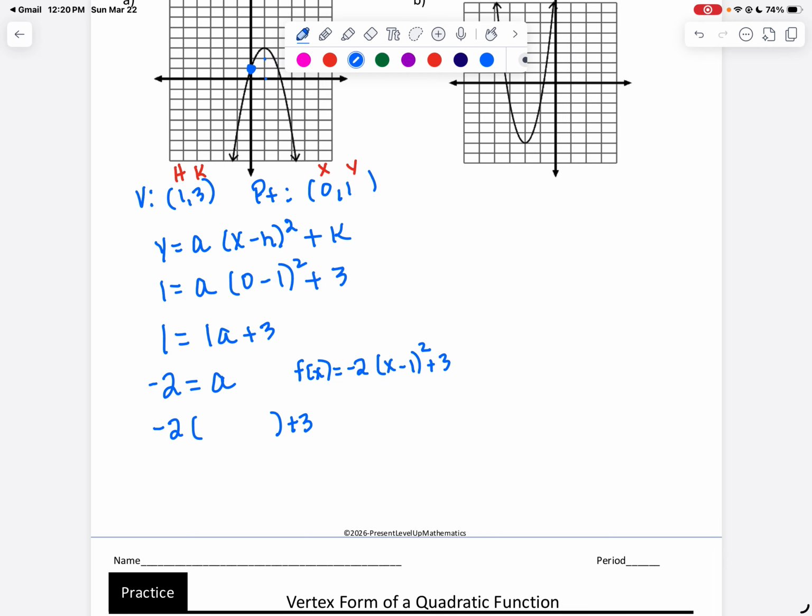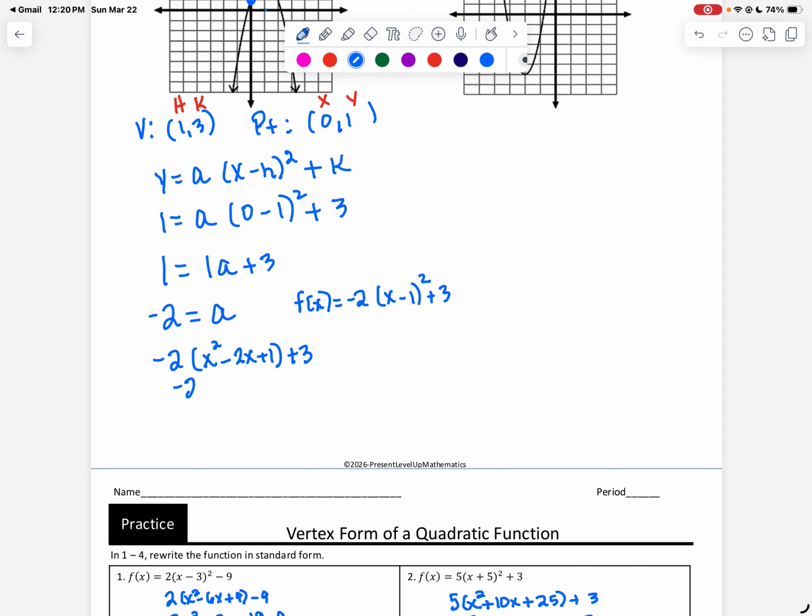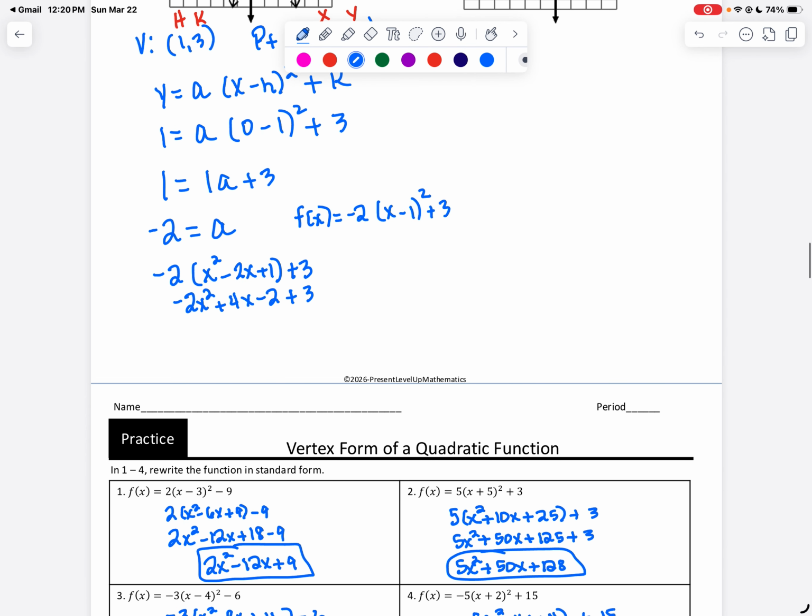We need to square this x minus 1 squared. So that would be x squared minus 2x plus 1. Distribute, so negative 2x squared plus 4x minus 2 plus 3. And combine like terms. So the equation for this parabola in standard form would be negative 2x squared plus 4x plus 1.